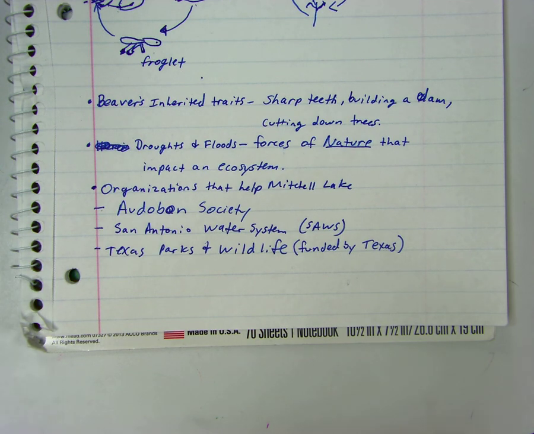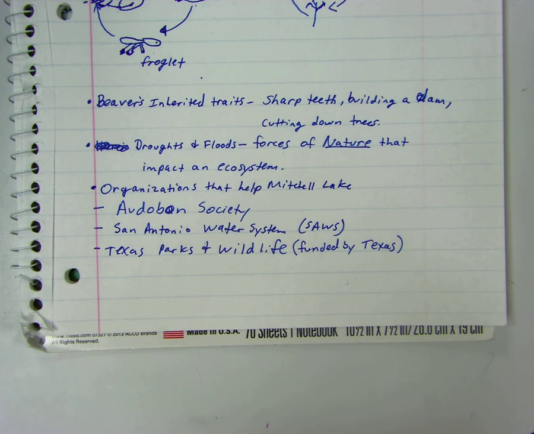Okay, now let's see some things that we can do to help Mitchell Lake, to help conserve the wetlands. We of course can build houses on stilts, build bridges so that we do not walk on the actual floor, the dirt of the wetlands.